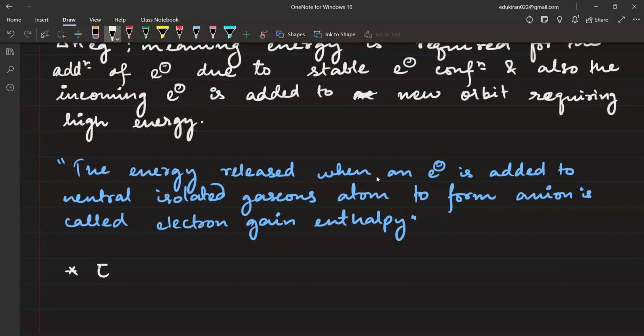Another point, electron gain enthalpy is AKA, also known as electron affinity.